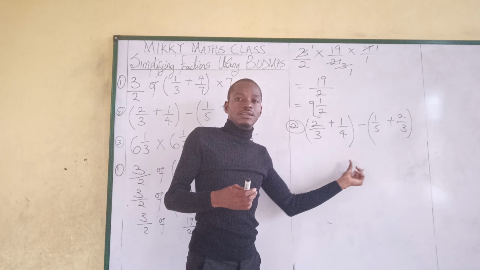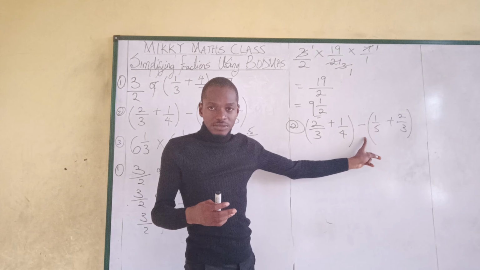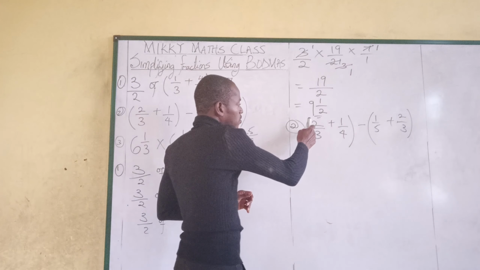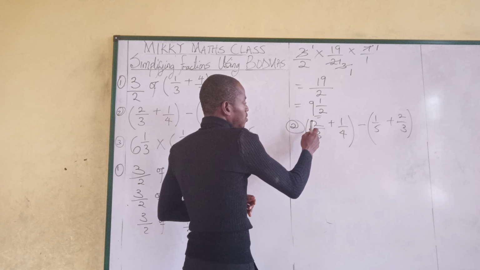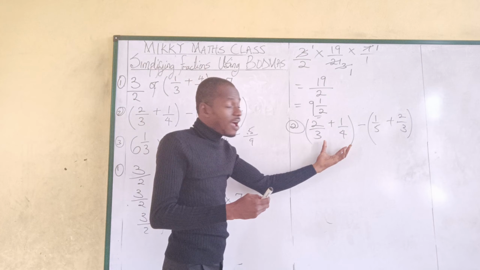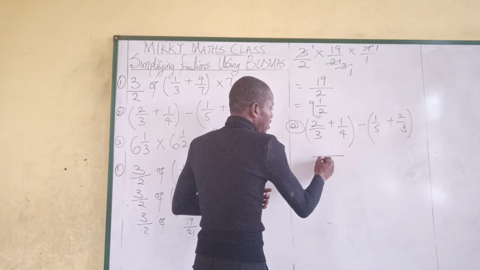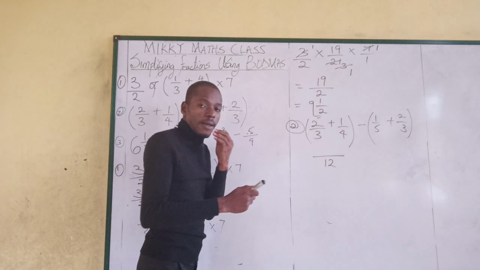Those two terms that are in the bracket, let's simplify them before we subtract. Now, this is 2 over 3 plus 1 over 4. For me to solve it, I have to take the LCM of 3 and 4. The LCM of 3 and 4 is 12.